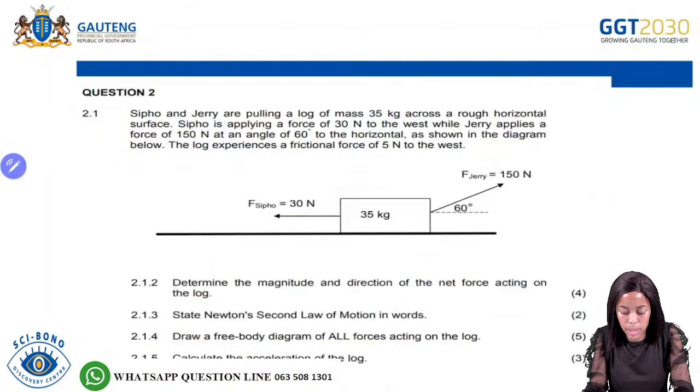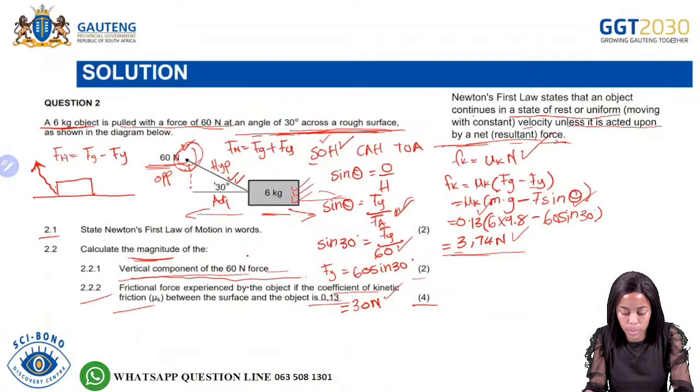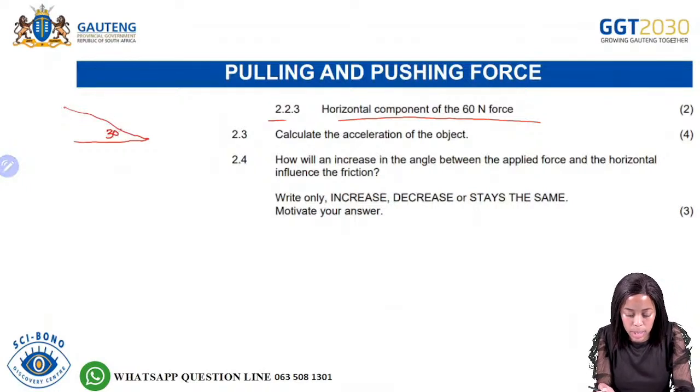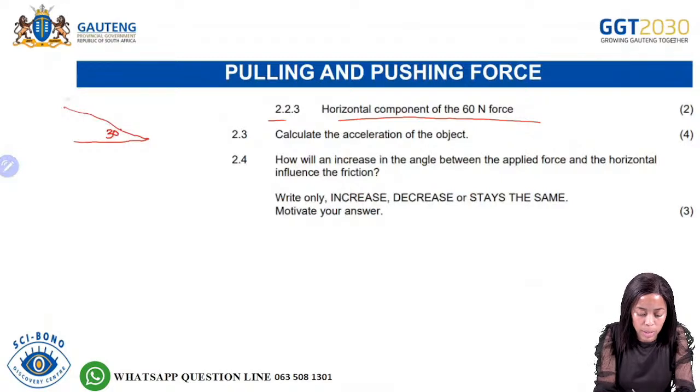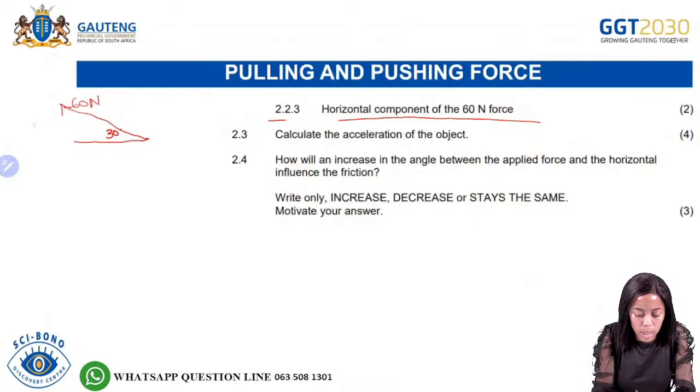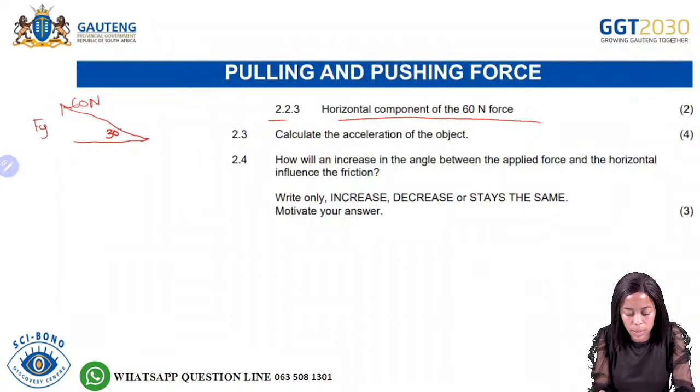So we had a triangle, and we had the 30 degrees here, and then we were given the 60 Newton, so it was being pulled. The first question was saying that we need to calculate the vertical component. So this one now is asking us to calculate the what?